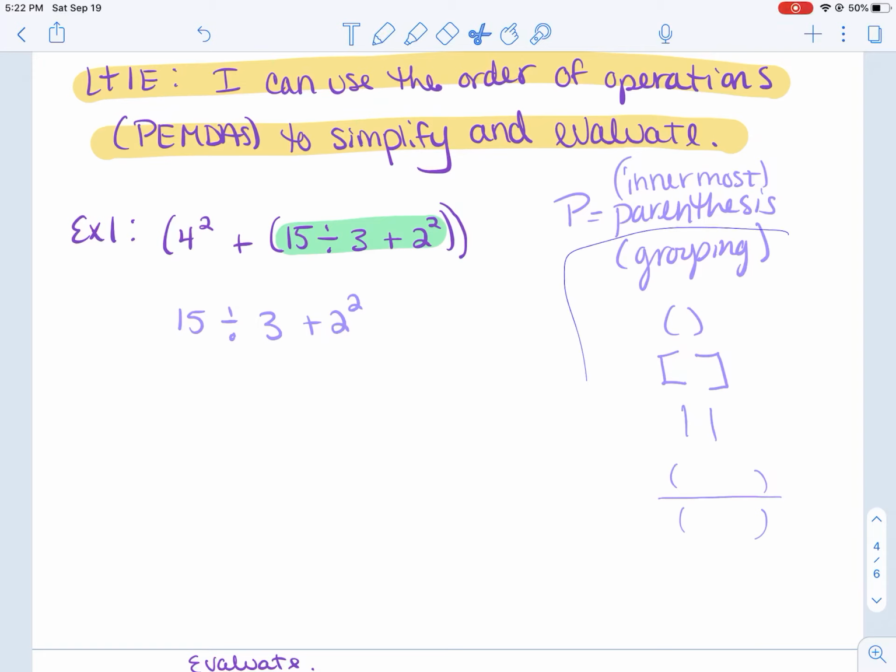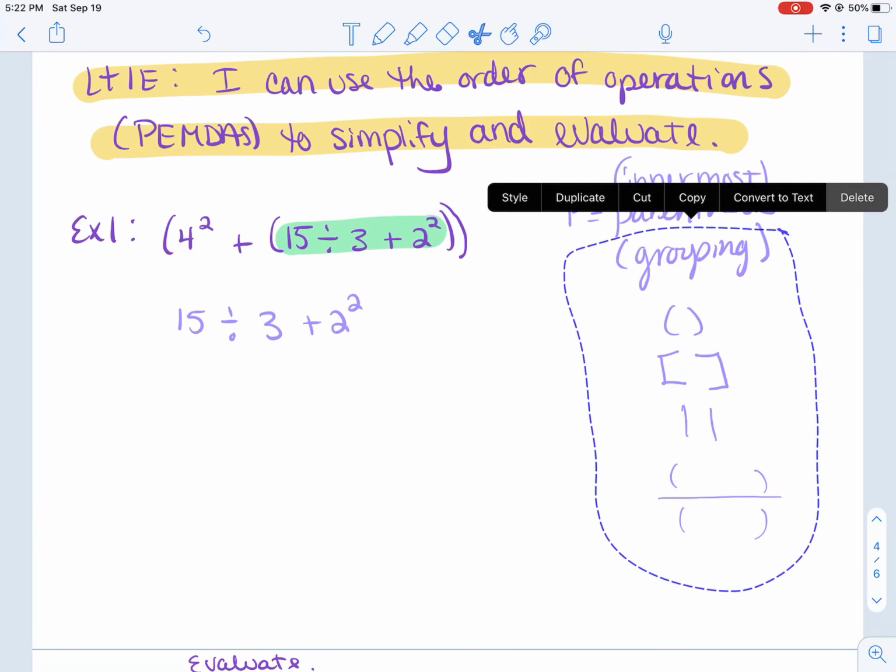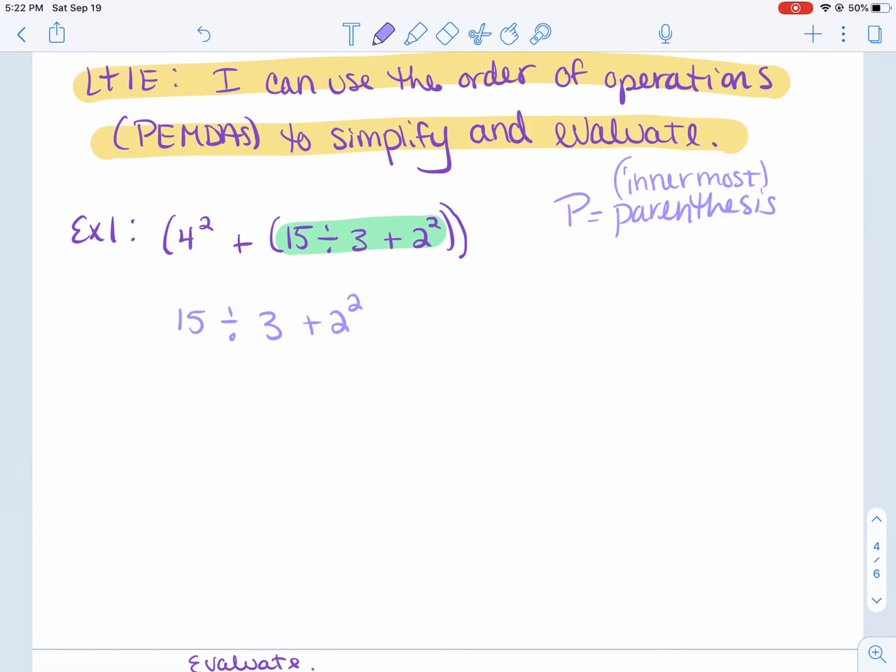That's what the E is representing. E represents exponents. Well, I see 2 squared here, so that's what I'm going to do next. So 2 squared is 2 times 2, which is 4. So we have 15 divided by 3 plus 4.